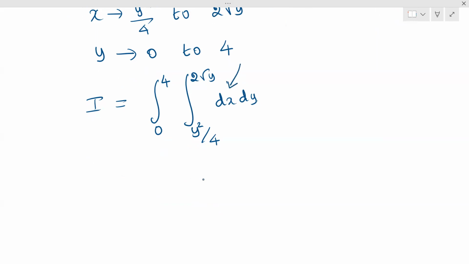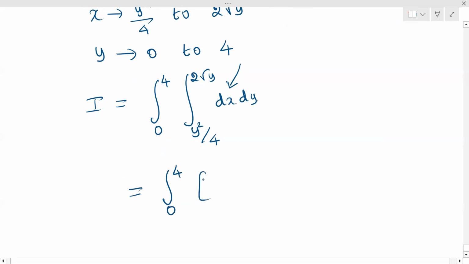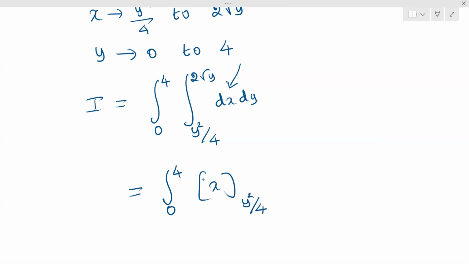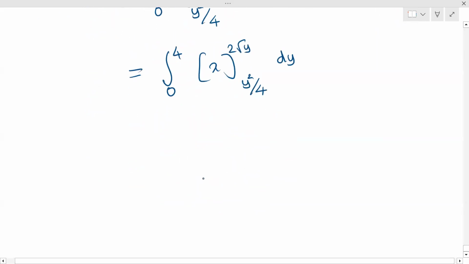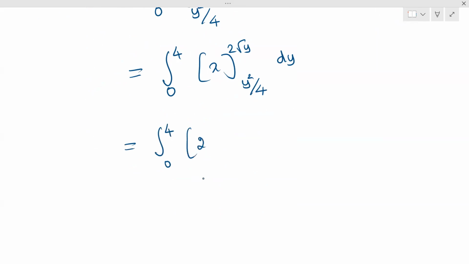First, integration with respect to x. Integration of dx is nothing but x. So y from 0 to 4, x with the limit y square by 4 to 2 root y, dy. Now apply the limit: when we apply the upper limit, we get 2 root y minus the lower limit y square by 4, dy.